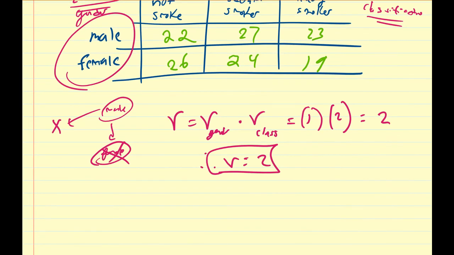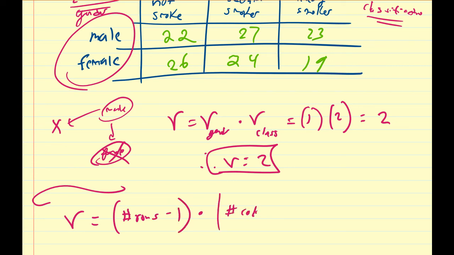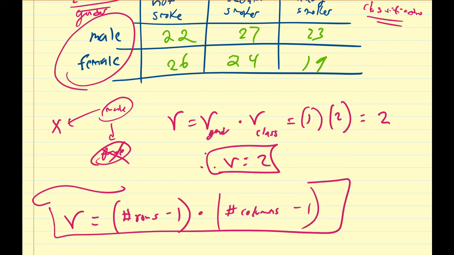If you don't want to go into the understanding of why, typically for a contingency table, it is the number of rows minus 1 times the number of columns minus 1. There are some exceptions, but this is typically the rule people follow, unless something else is being considered.